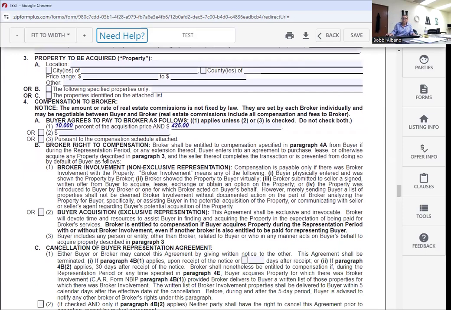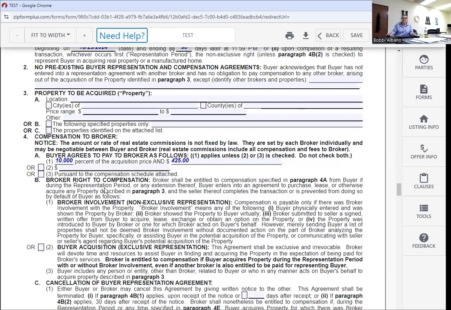All right, broker right to compensation. Broker shall be entitled to compensation specified in paragraph 4A from buyer if during the representation period or any extension thereof, buyer enters into an agreement to purchase, lease, or otherwise acquire any property described in paragraph 3, and the seller thereof completes the transaction or is prevented from doing so by default of buyer as follows.